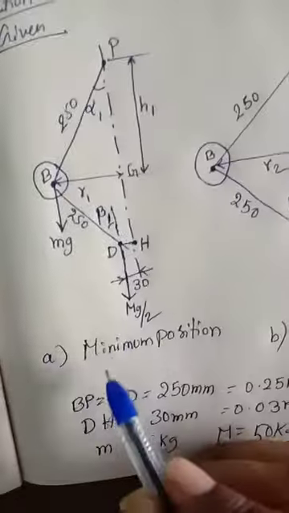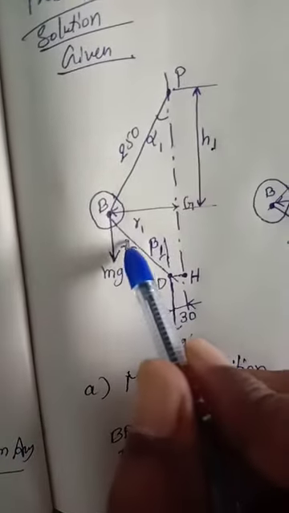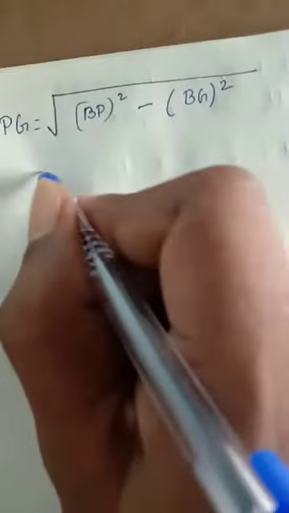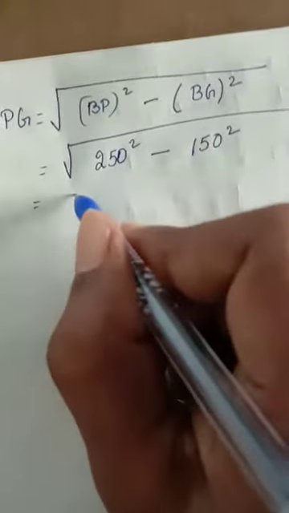Now here we are finding H1 first. So from the minimum position we take H1. As in the previous problem, H1 is equal to PG, that is the square root of BP squared minus BG squared, that is 250 squared minus 150 squared. The solution comes to 200 mm, that is 0.2 meter.